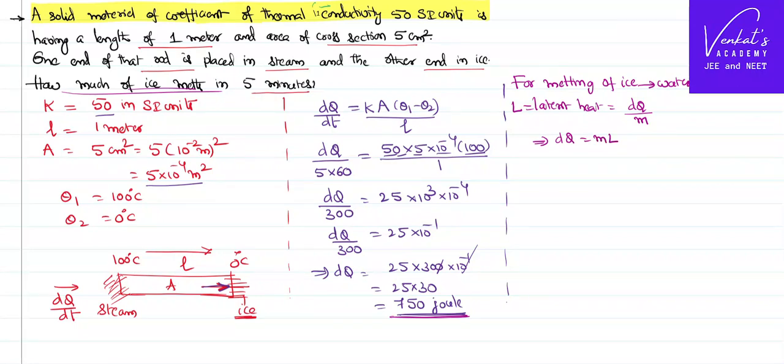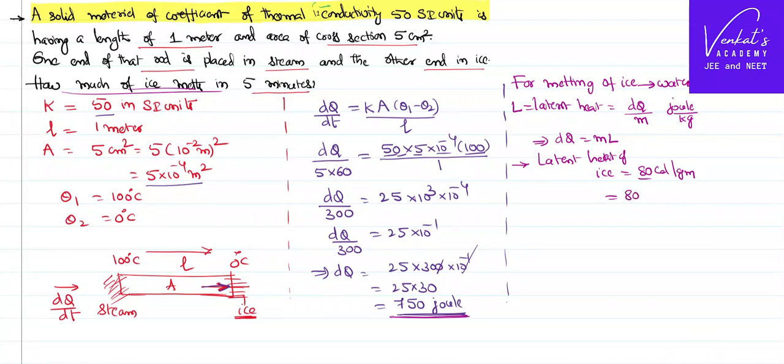Here L is the latent heat, and its unit will be joules per kilogram. I want you to identify that the latent heat of ice is a constant value, that is 80 calorie per gram. We shall remember that. You have learned it in thermodynamics.